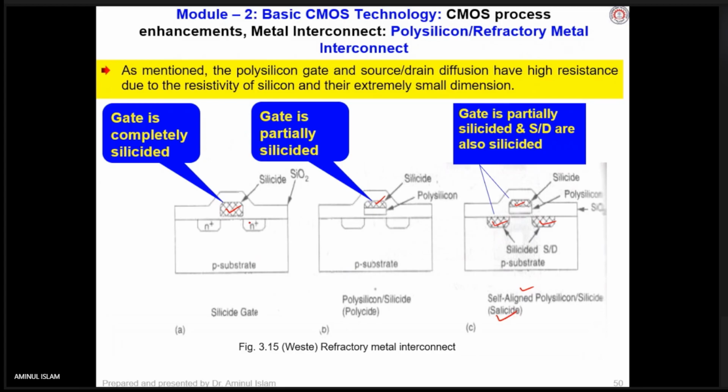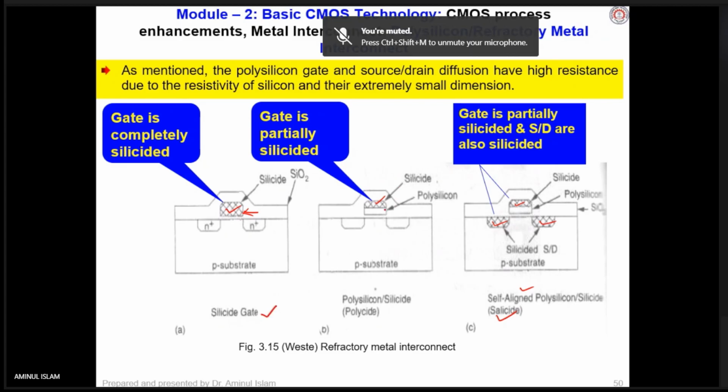For example, here, see here, the complete gate material is not polysilicon, rather it is silicide. It is a combination of silicon and say tantalum. Then it is called silicide gate.